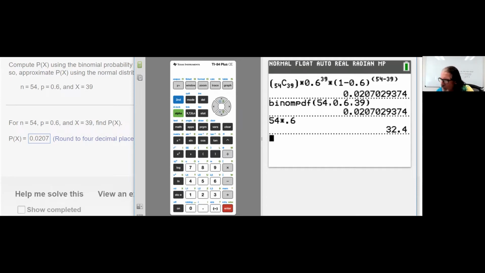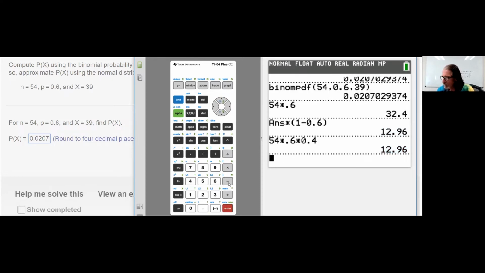Multiplying that by 1 minus p. Again, p equaling 0.6, that's not such a bad number. We could multiply that answer by 0.4, but sometimes the numbers aren't always as nice. Either way, same thing.